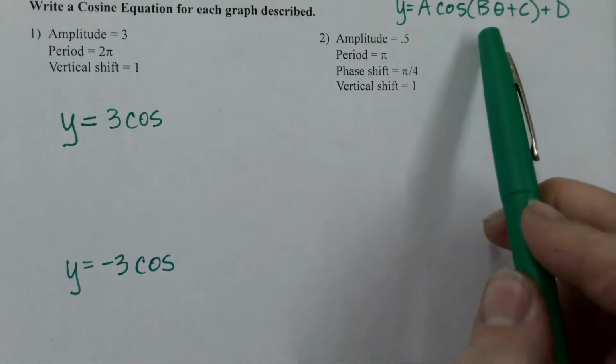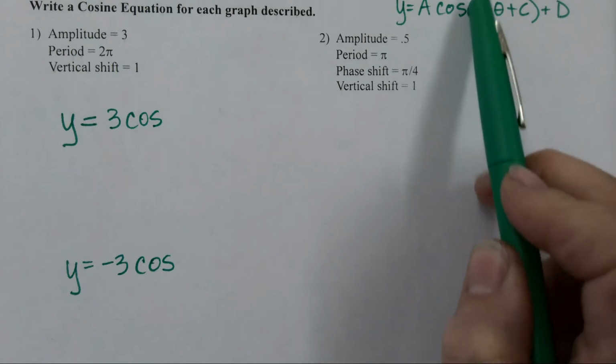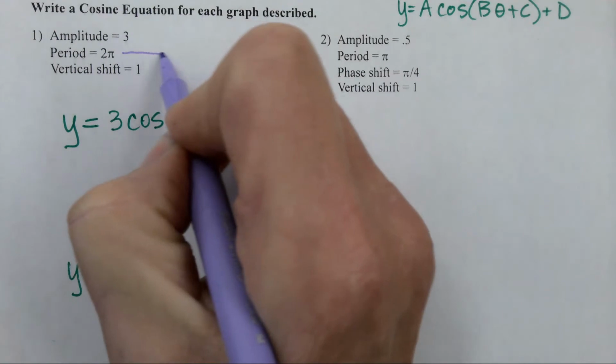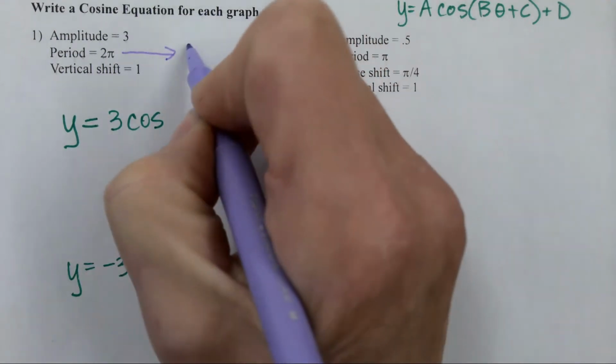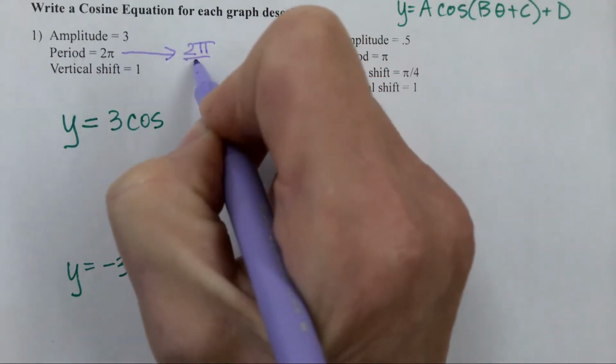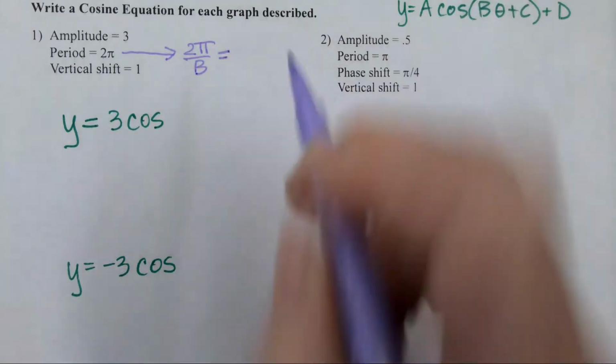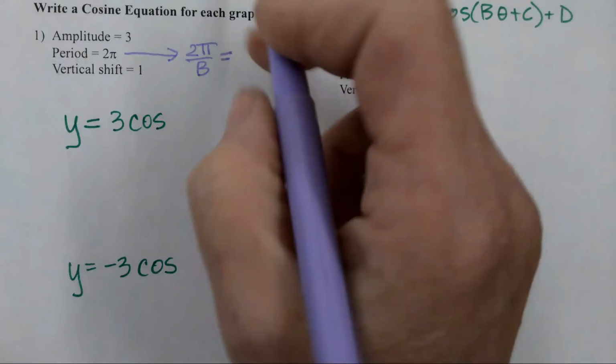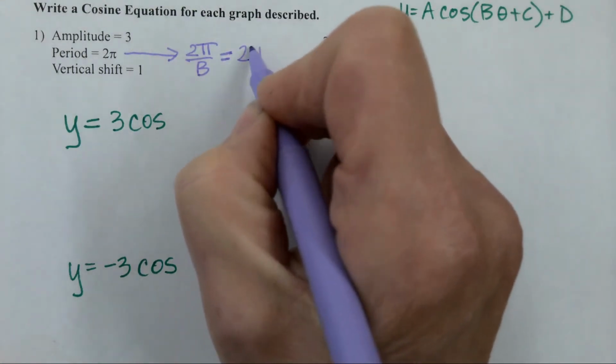What does the b part give us? It helps us find the period, doesn't it? It doesn't straight up give us the period. That b is not what the period is. But if I know the period is 2 pi, remember, 2 pi over b will give me that period that I use for the graph. So 2 pi over b, in this case, is equal to 2 pi.